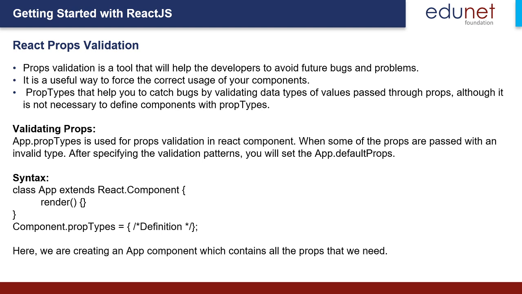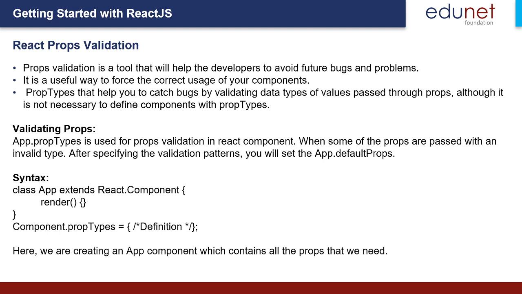Prop types help you catch bugs by validating the data type of values passed through props, although it is not necessary to define the component with prop types. What people use here is prop types. So it helps you catch bugs by validating the data types of values. So we are using this to validate value data types.